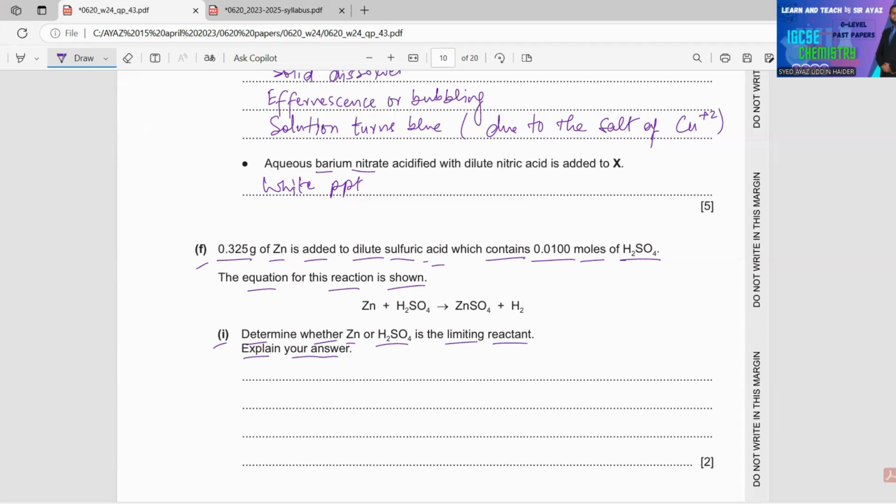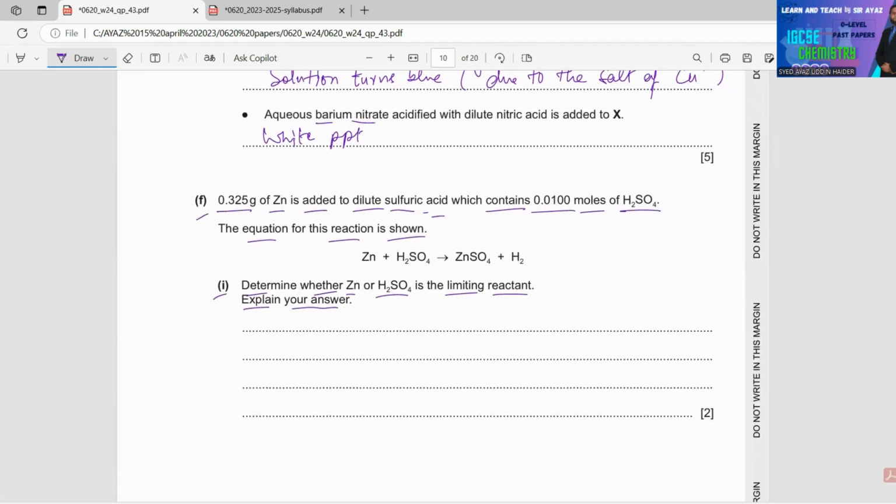Explain your answer. So I will convert the mass of zinc into moles, as the moles of H2SO4 are provided and we are also provided with the reaction equation. So it will become easier for us to compare the moles in order to find the limiting reactant here.